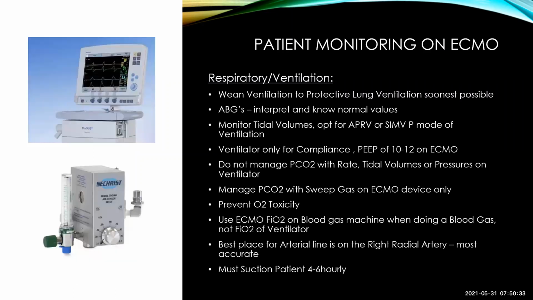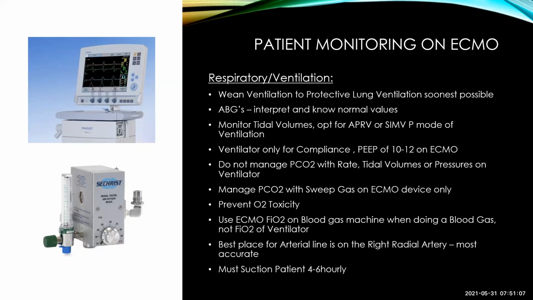So if you started on 5 here, and now you do your CO2 and you see on your blood gas it is now something like 50, then you will have to go up with 1 liter or 0.5 on your sweep gas to actually reduce the CO2 level in the bloodstream. If your CO2s are lower than 35, you will decrease by 0.5 or a liter. So you will go down with your sweep gas.